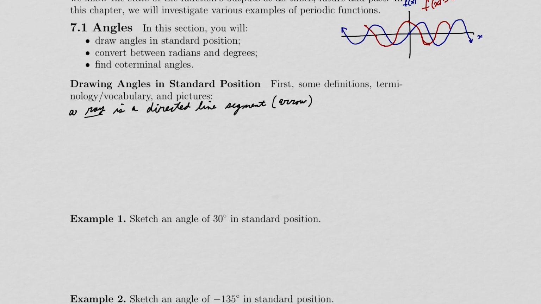An angle is the union of two rays. You're basically putting two rays together where they share the same endpoint. So it is a union, I'll draw a picture in a second, of two rays sharing a common endpoint.